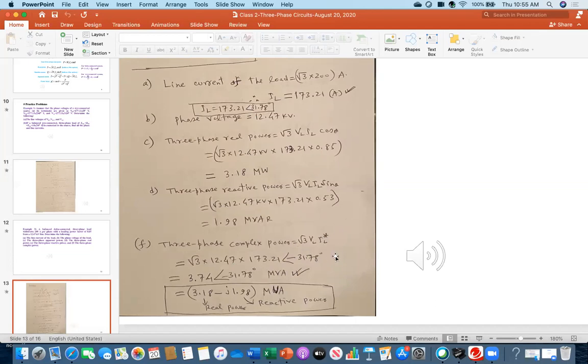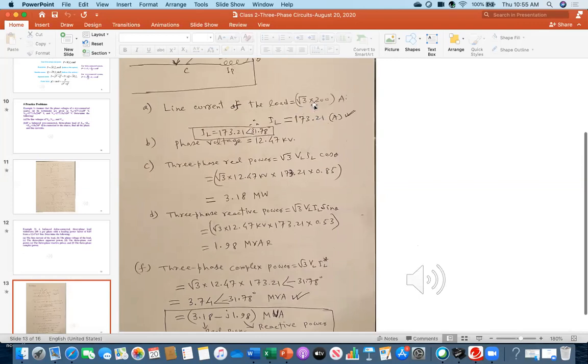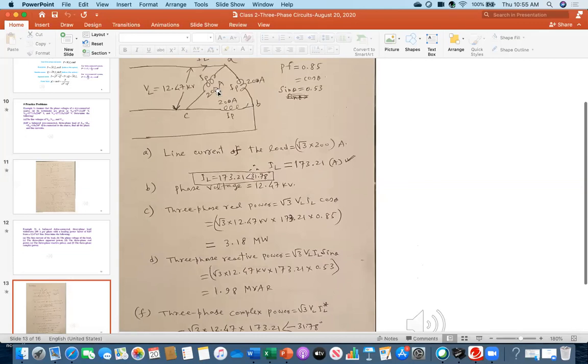Hey, Dr. Ali. Yes. For part A, how did you get 173.21? You see this one, root 3 times 200. Can you see that 200 was given for the line current?